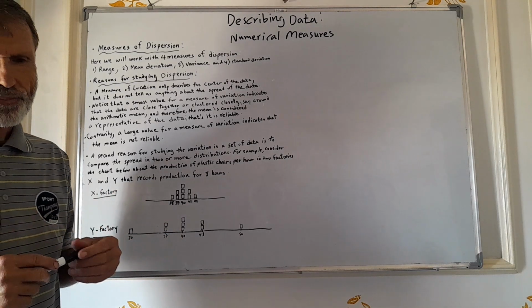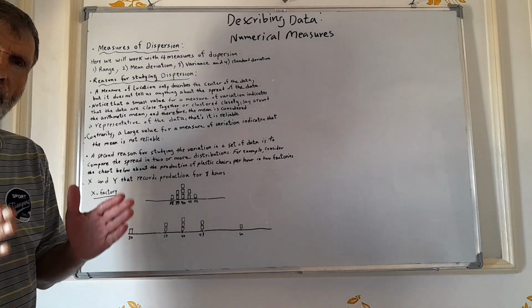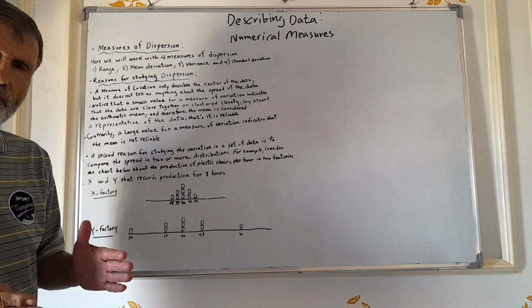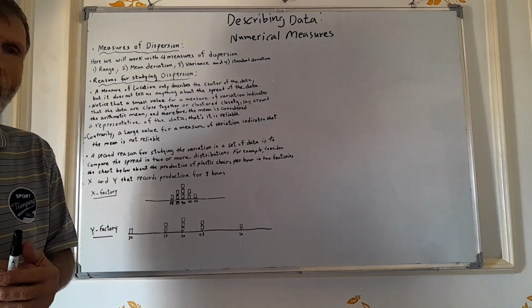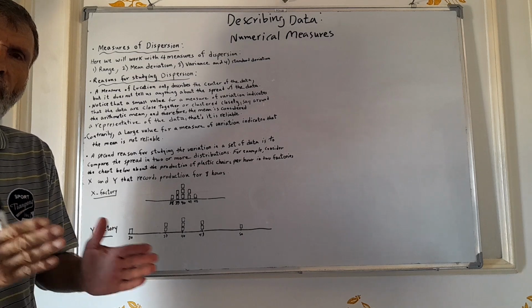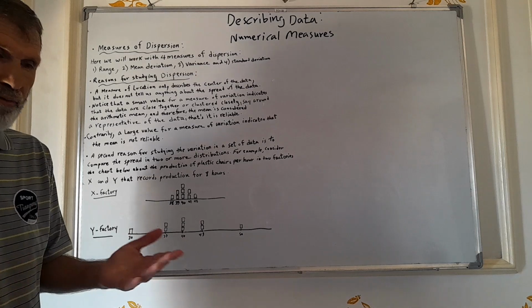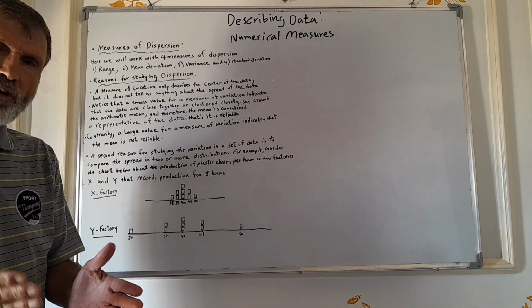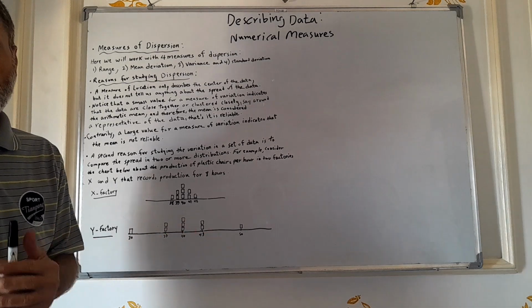Now, depending on the means of the hourly output in the two factories, you might think that the distribution of the hourly output in the two factories is identical. However, production for 8 hours in the two factories reveals that this conclusion is wrong.